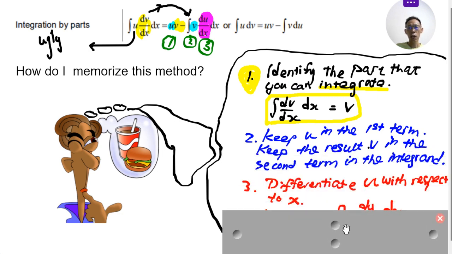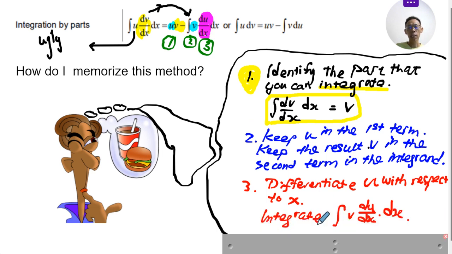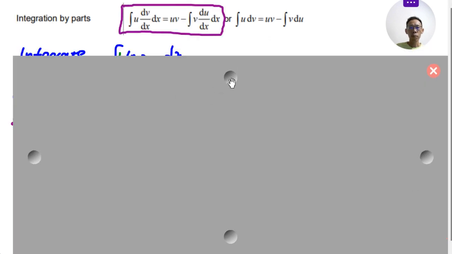And then last, we differentiate u and put it in the second term like this. And then now we can integrate.